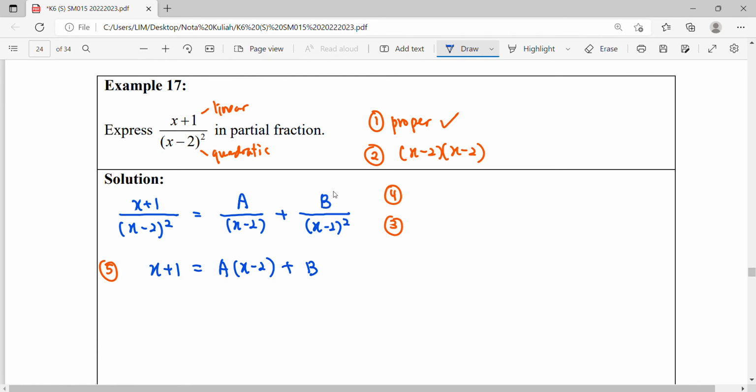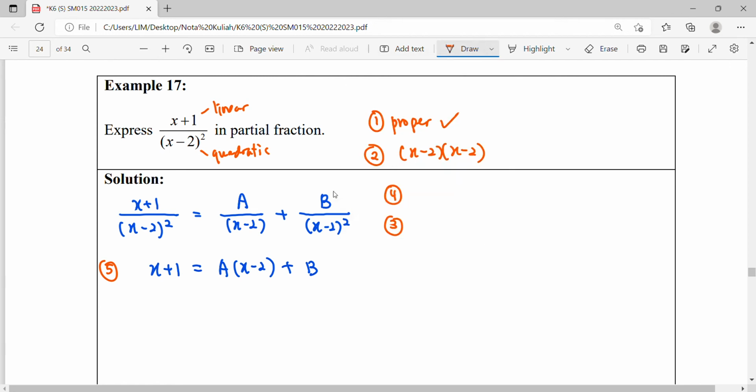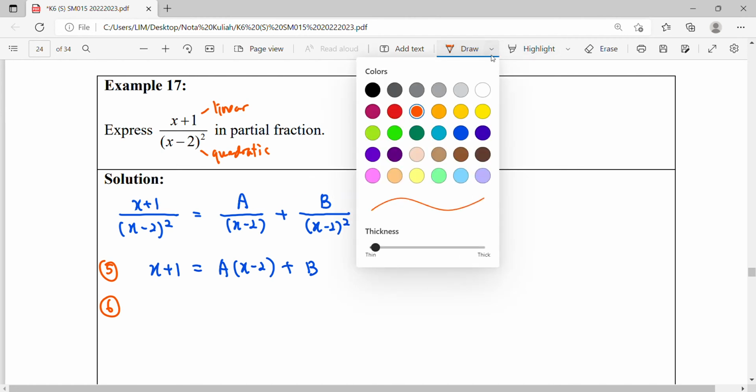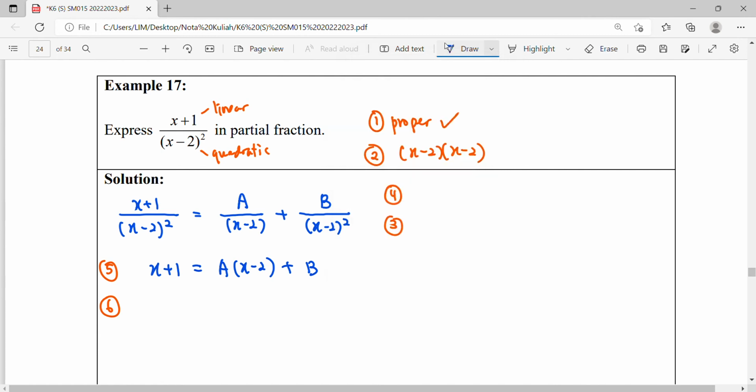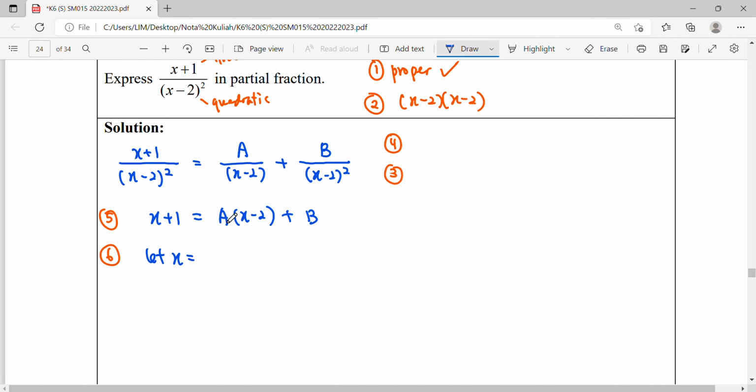After that, we're going to find our unknowns A and B. Notice that we have two unknowns, so we have to use the method twice. Let x be any value. It will be easier if we use a value that comes from this factor. So let x equal 2.